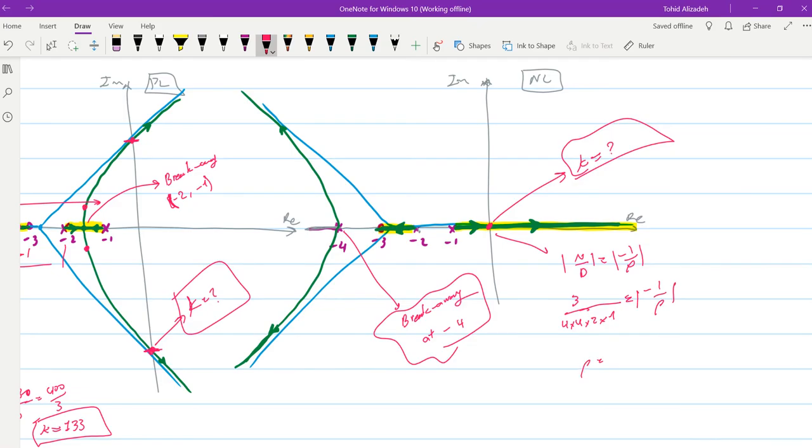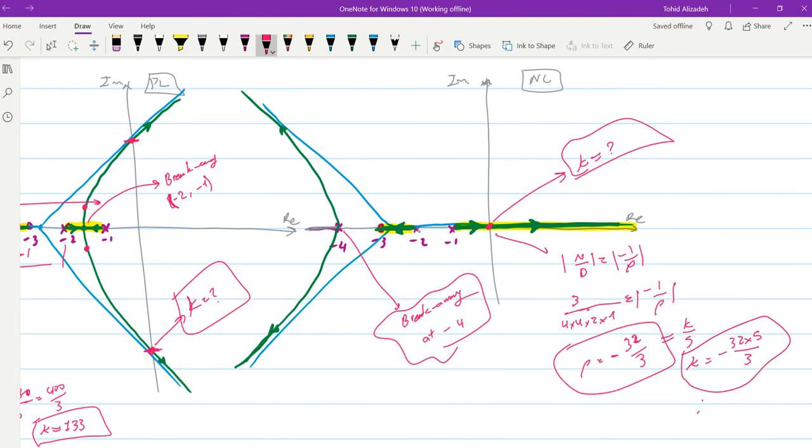So rho will be equal to minus 32 over 3. And this is equal to K over 5. So K will be equal to minus 32 times 5 over 3.